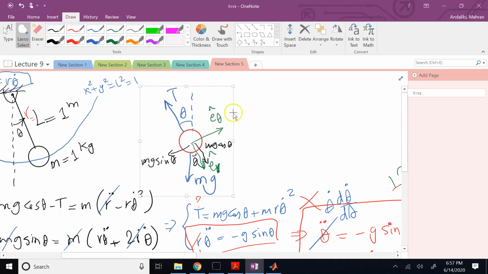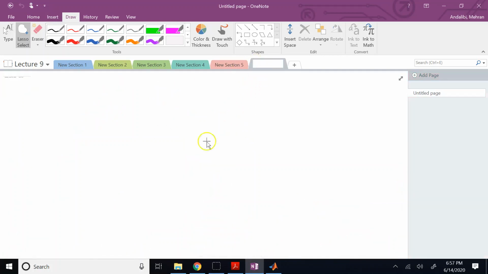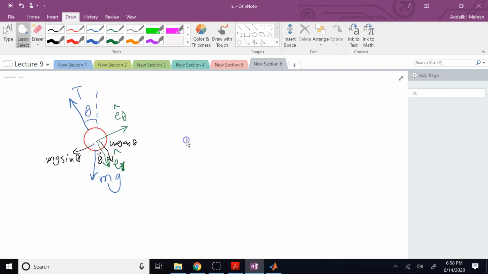So here I copy this in a new page. Right? This is our free body diagram. And so we have ER, E theta, everything, right?